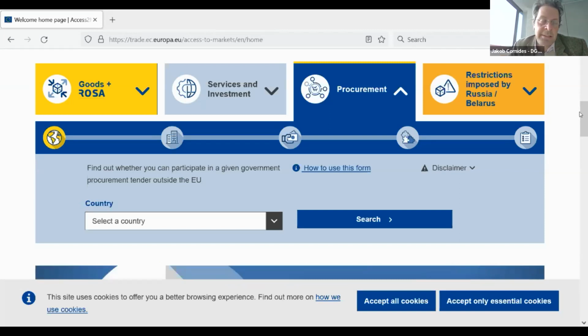So whether, for example, under the CETA agreement, they can bid on Canadian procurements on an equal footing with local Canadian suppliers.